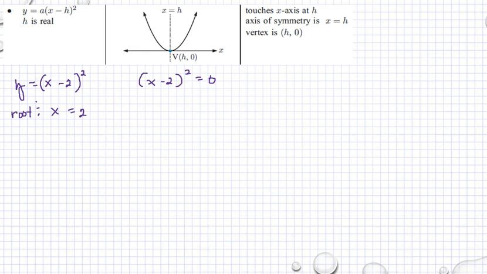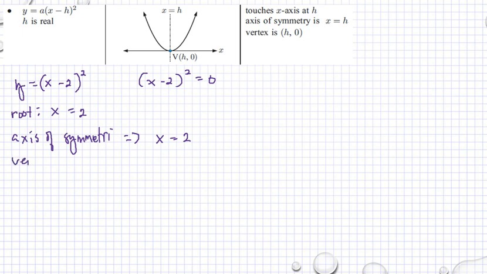Okay, my axis of symmetry is always your h also. So it's the same. It's x is equal to 2 according to this property.